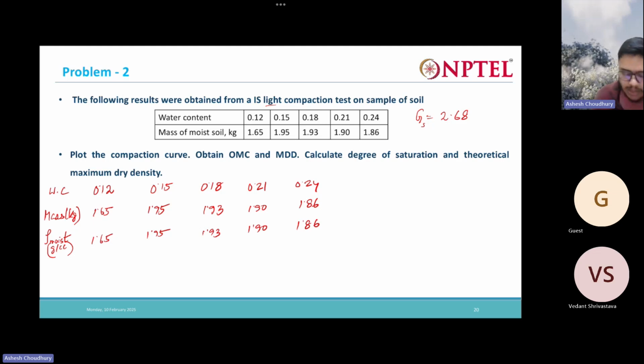Next step is to find out the dry density. So dry density we already know. What is dry density? Dry density is the moist density divided by 1 plus the water content.